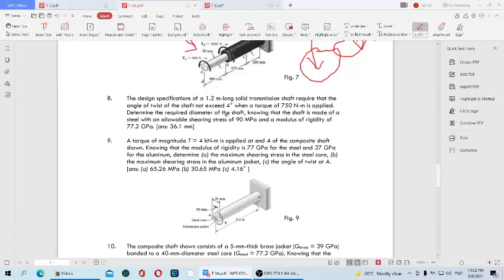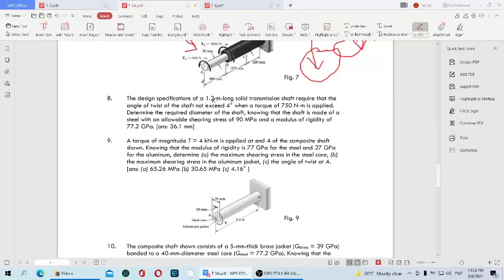Determine the required diameter of the shaft, knowing that the shaft is made of steel with an allowable shearing stress of 90 megapascal and a modulus of rigidity of 77.2 gigapascal. So essentially the question is asking us to design the diameter for the shaft.